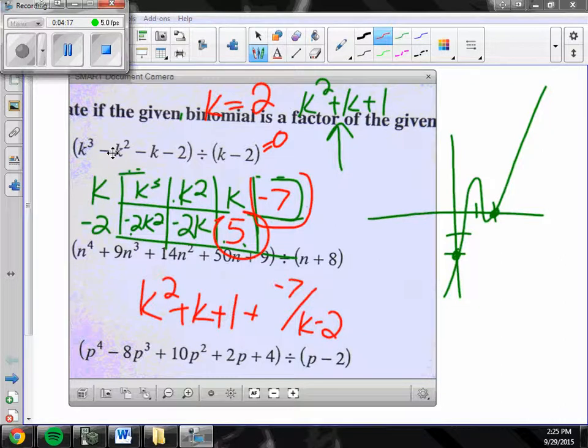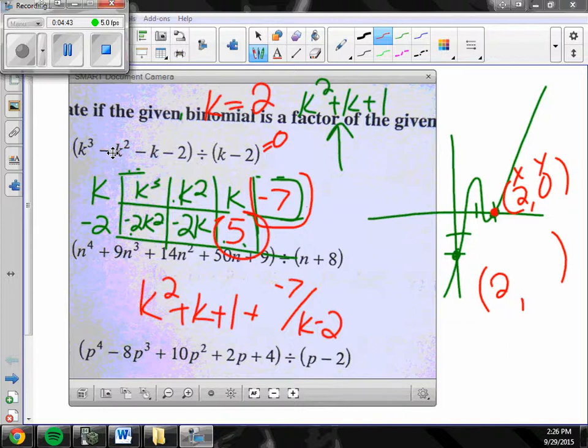If you plug a root into the polynomial, you're going to get 0 because it's 2 comma 0. So if you plug in your x equals 2, you'll get y equals 0. Well, what if 2 is not a root? If 2 is not a root, and you plug it in, 2 comma, guess what you get in the y spot? The remainder would be negative 7.